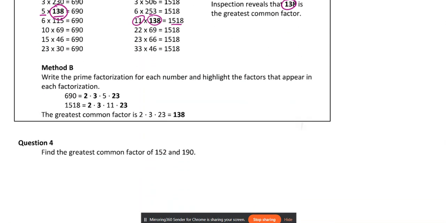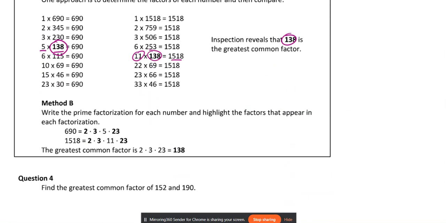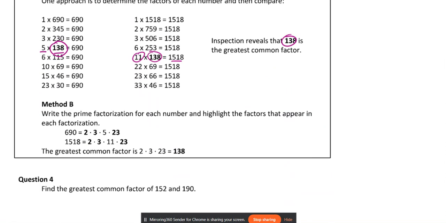So method B is if we break it into its prime factors using the method above with the tree thing, and we figured out that our prime factors were those for 690, and they were those for 1,518, then you can see the things that they have in common, right? They both have 2s, 3s, and 23.